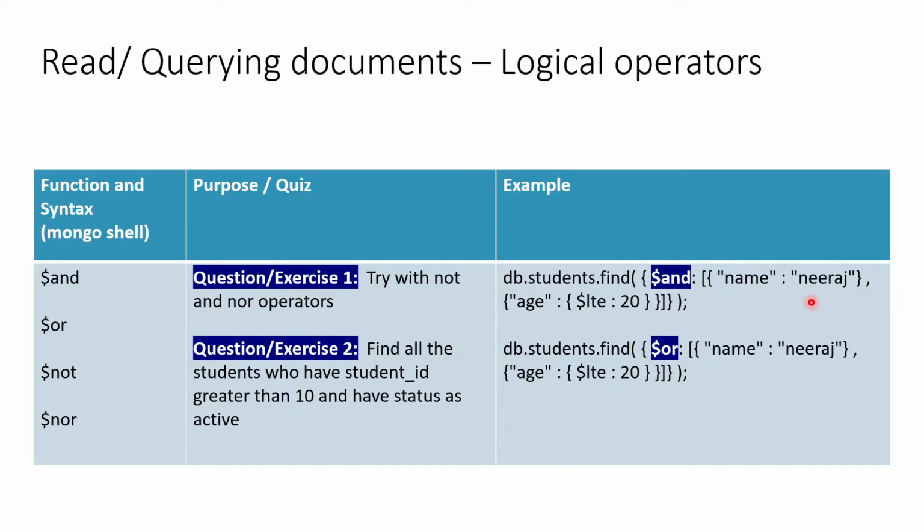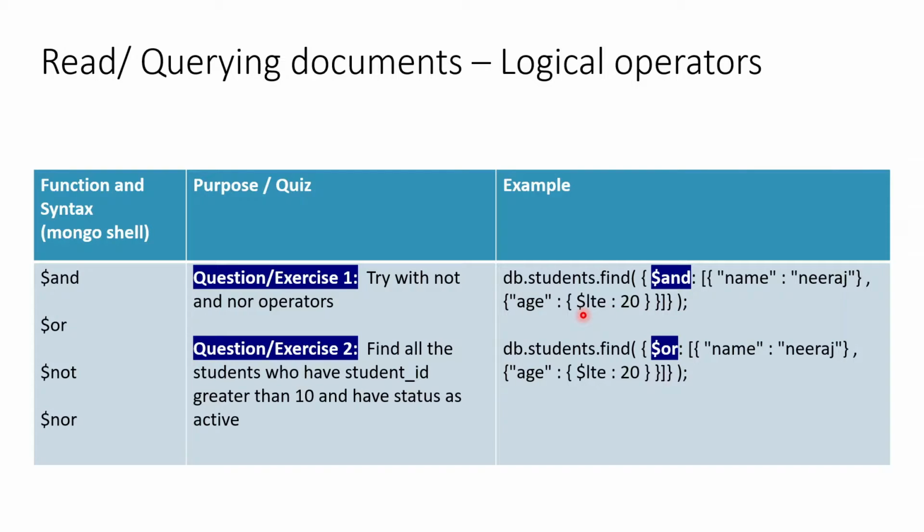Then comma, the second element of this array. When I say element, this is another JSON document. Again the age, which is another field in our collection. What is the value we are expecting? If you recall from the previous video where we saw relational operators, here we are going to use a relational operator. So age is less than or equal to 20.